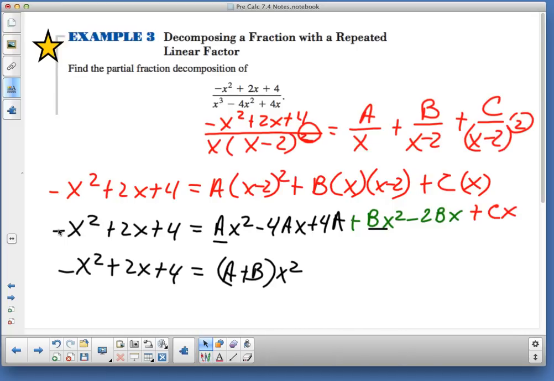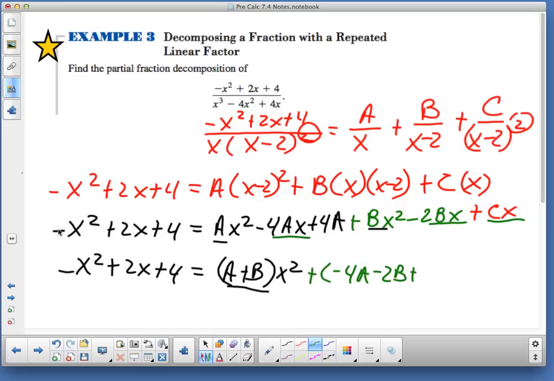Okay, and that's my black. Now my green, I've got my x's. So now I've got negative 4A minus 2B plus C x. And my last one, I'm going to use blue. My last one is just plus 4A.